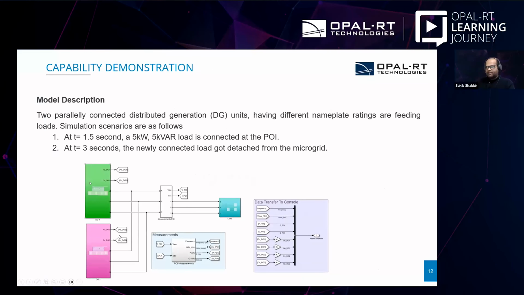Before I jump into this demo, let me explain the islanded microgrid. In this islanded microgrid, we have two distributed generation units connected in parallel, and some loads also connected with the distributed generation units at the point of interconnection. The objective is that at different times, like at 1.5 seconds, a 5 kilowatt, 5 kVAr load will be connected at the point of interconnection, and it will be disconnected from the system at 3 seconds.